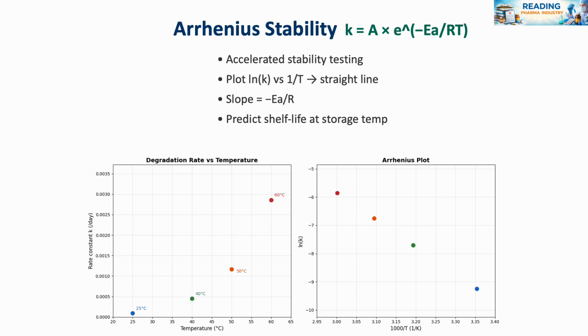Remember, we've covered the Kissinger method early on, and this is to understand the correlation. The activation energy here can be obtained either from isothermal Arrhenius stability studies or independently from non-isothermal DSC data using the Kissinger method. So what does that mean?